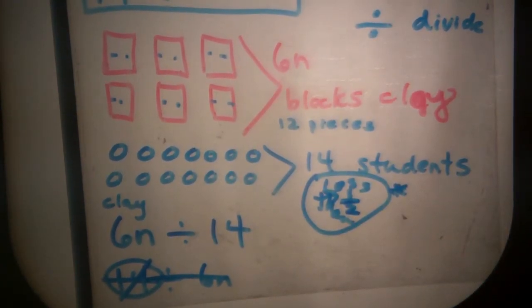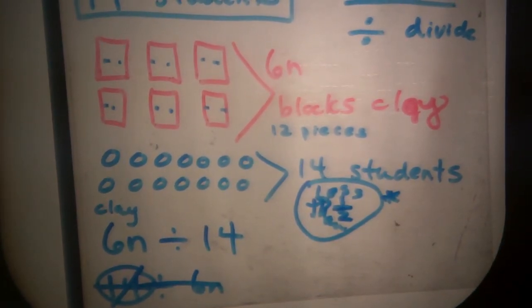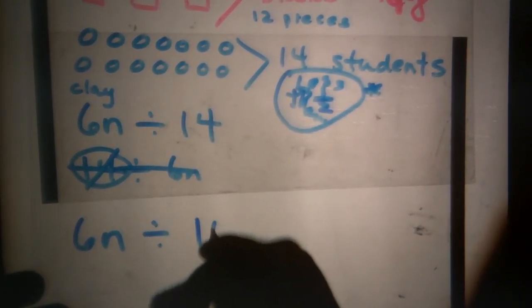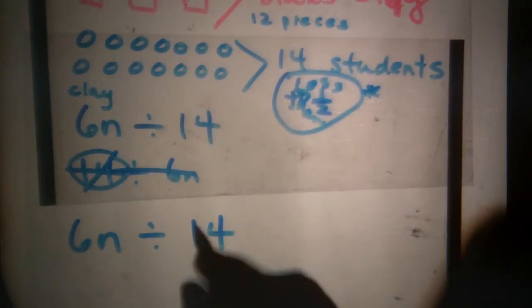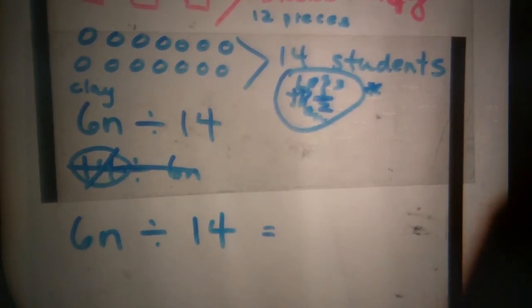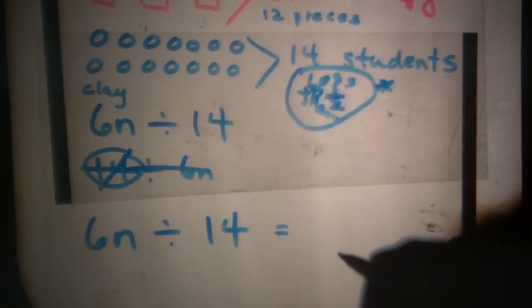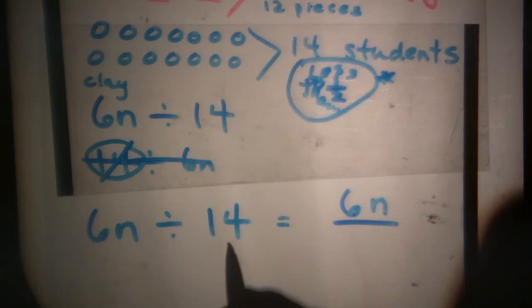Think about how we say our things. Think about what it is that we're dividing so that we set up our problem properly. Alright? So now I'm dividing my clay. Again, 6n divided by my 14 students. We know that we can set it up as a fraction because a fraction is just simply a division problem. 6n is being divided by 14.